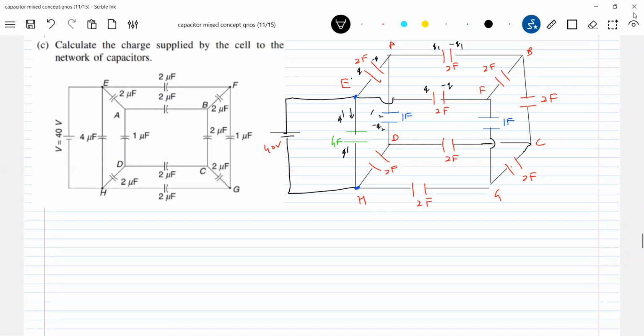I'm writing in small fonts. You can magnify in your mobile. It'll be like this. So similarly, this will branch out Q1 minus Q1, Q2 minus Q2. This Q1 will combine. Here I'll get 2Q1. So 2Q1 will come here.